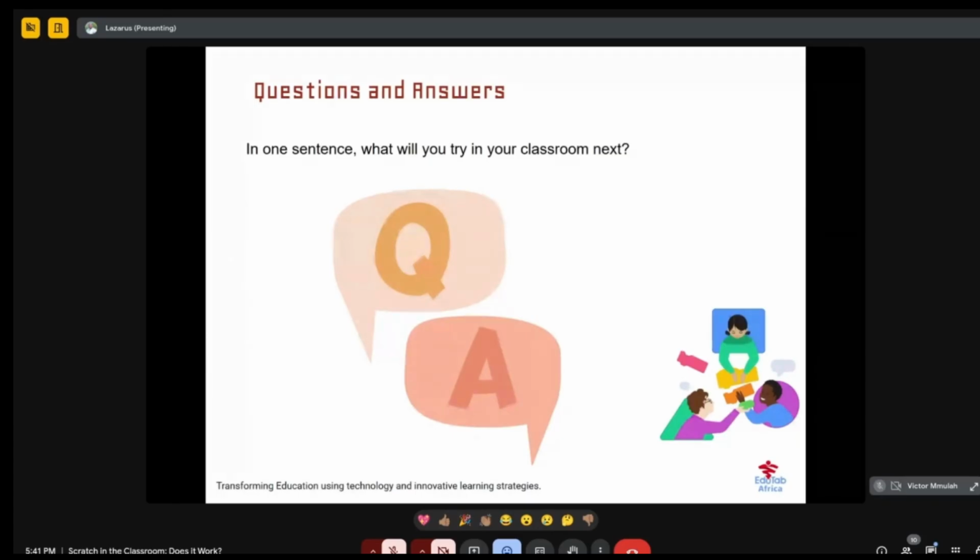Thank you, Lazarus. I would love to explore how best we can teach literacy topics using Scratch. Nice as well. Thank you so much, Magdalene, for that.